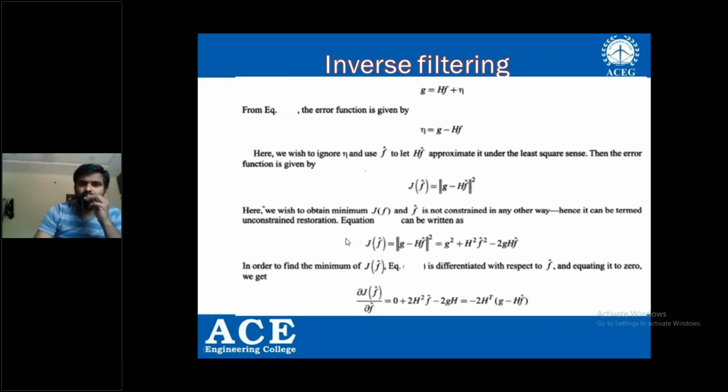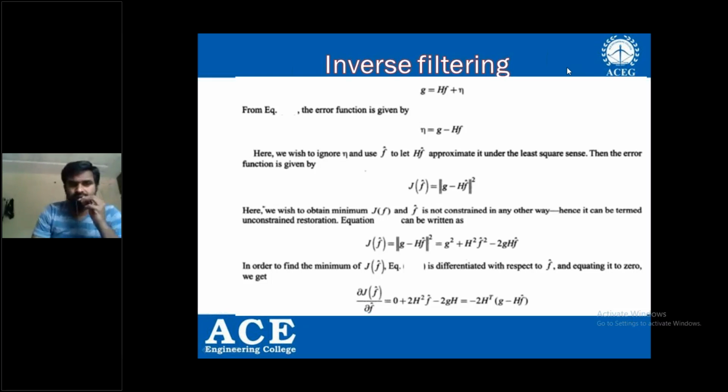See here, we are not putting any constraints and we are not putting any limits, and therefore it is called unconstrained. Why am I concentrating on the word unconstrained or constrained? Soon you are going to see what a constrained filter is also, right? So we are going to put some constraint.